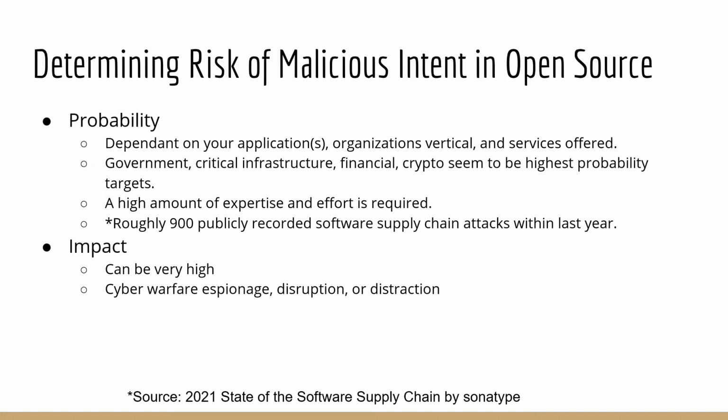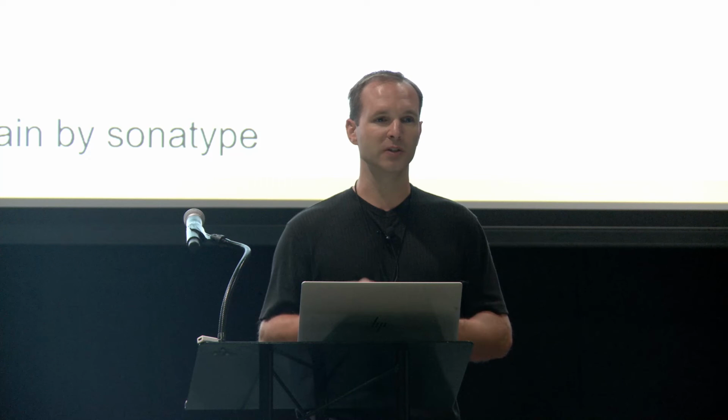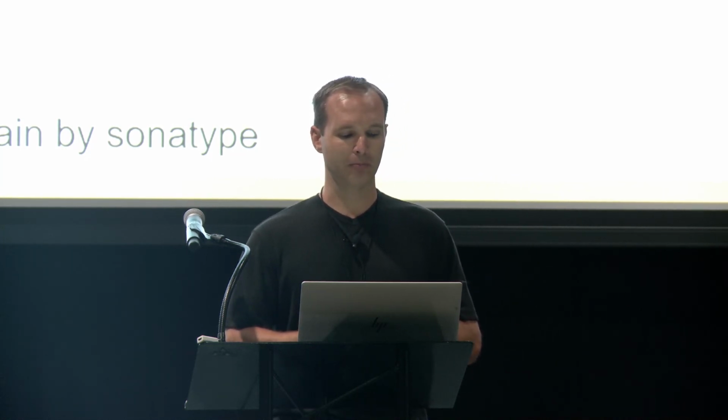If you're in government, critical infrastructure, financial, or crypto, you seem to be very high targets. If your organization or project serves code that references a nation state, critical infrastructure, industrial control systems, or high-value assets, then your probability is increased, I would suggest.